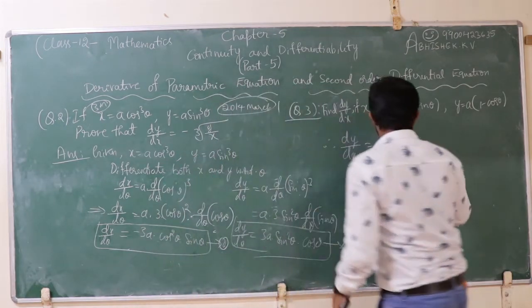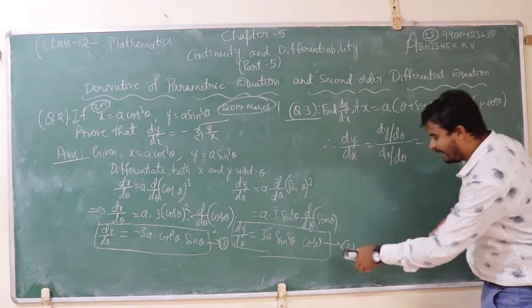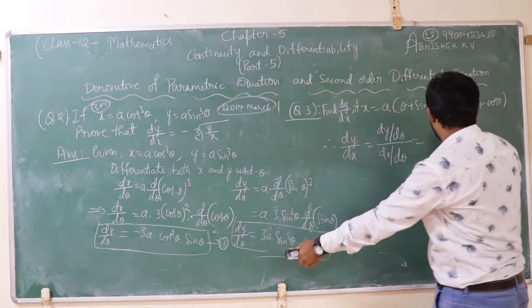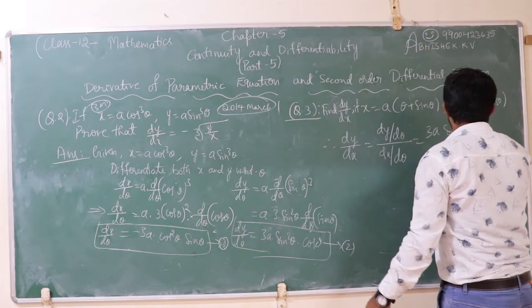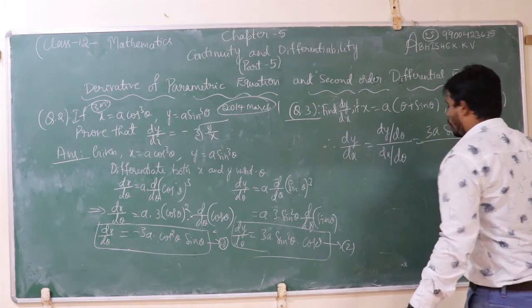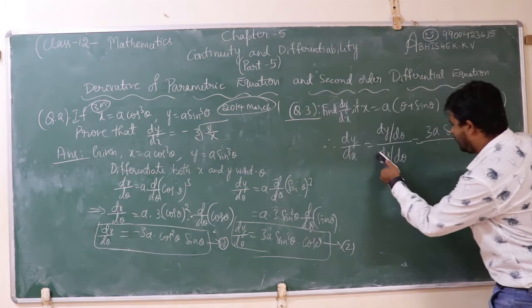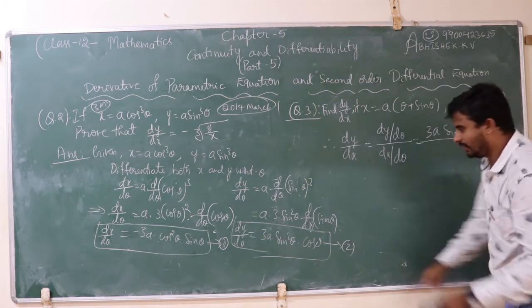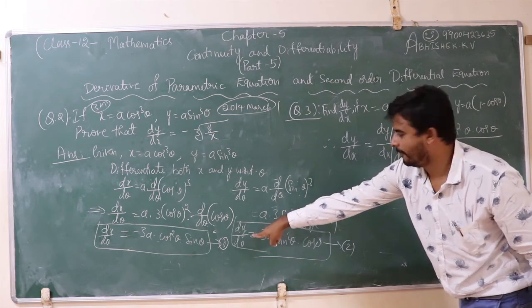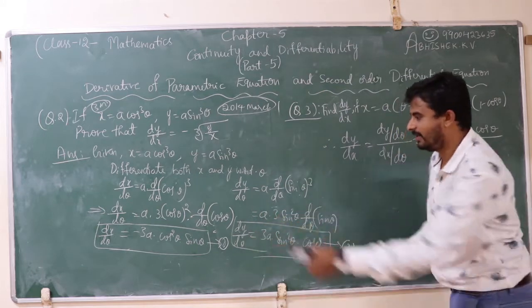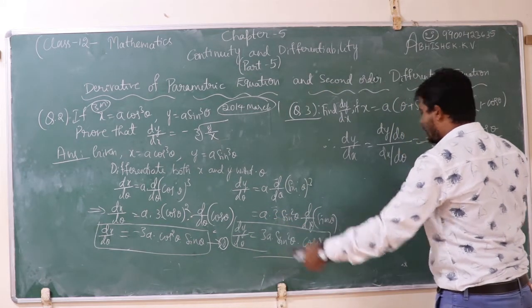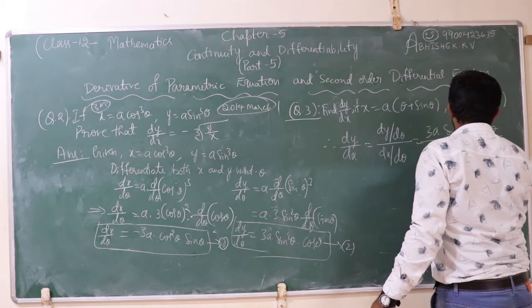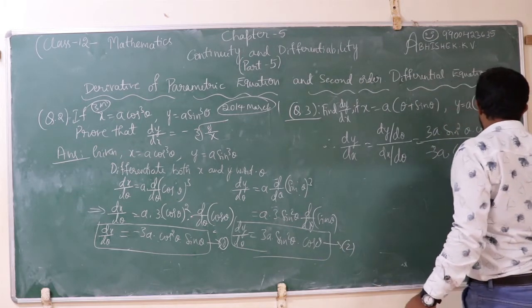This is equal to dy by d theta, given by equation 2, that is 3a sin square theta into cos theta, the whole thing divided by the derivative of x with respect to theta. We already found that in equation 1, that is minus 3a cos square theta into sin theta.